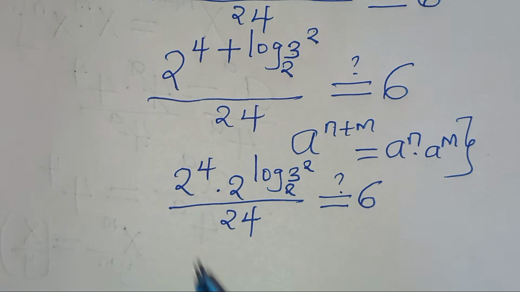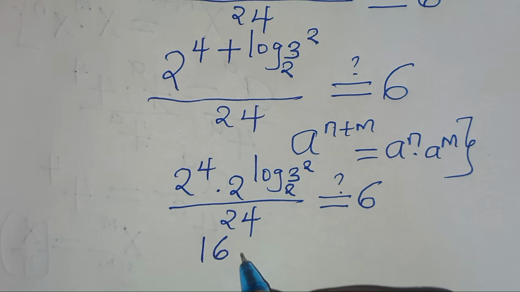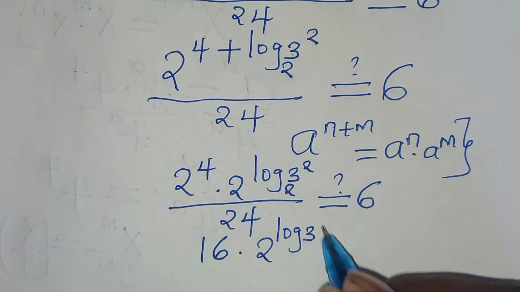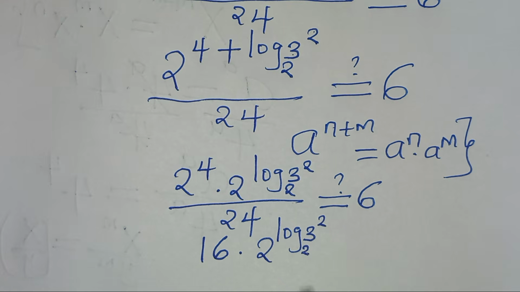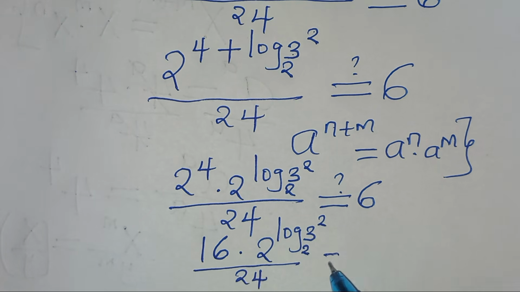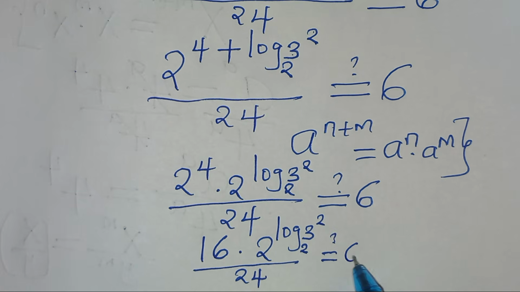The next step is that we have 2 to the power of 4, which is equal to 16, multiplied by 2 raised to the power of log 3 squared to base 2, divided by 24. This should give us a value of 6.